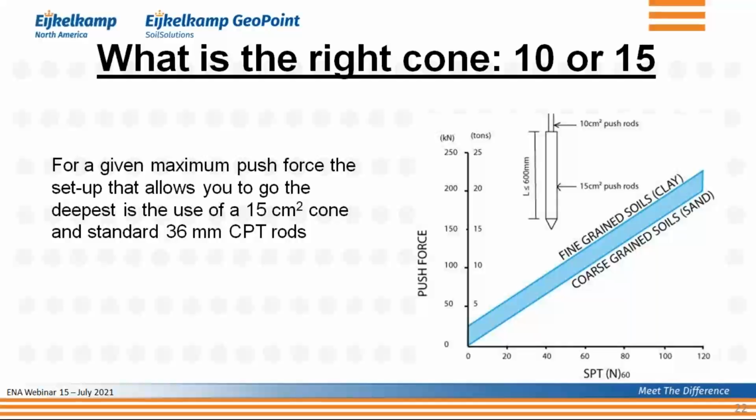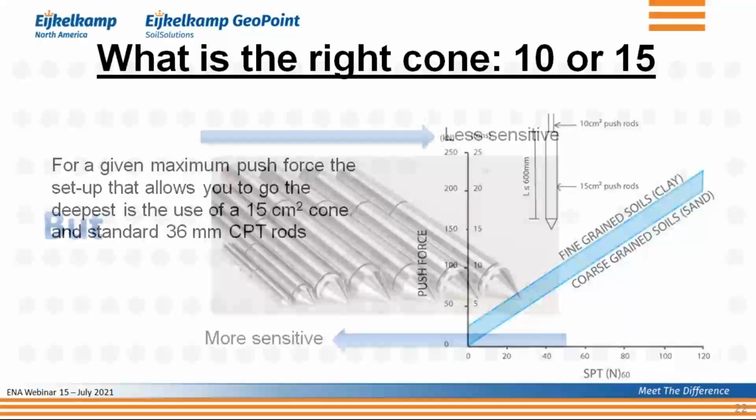That gets you the deepest. So both from the sturdiness as well as the fact that you can get deeper with a given amount of pushing force, you would say 15 centimeter square cone, done deal.